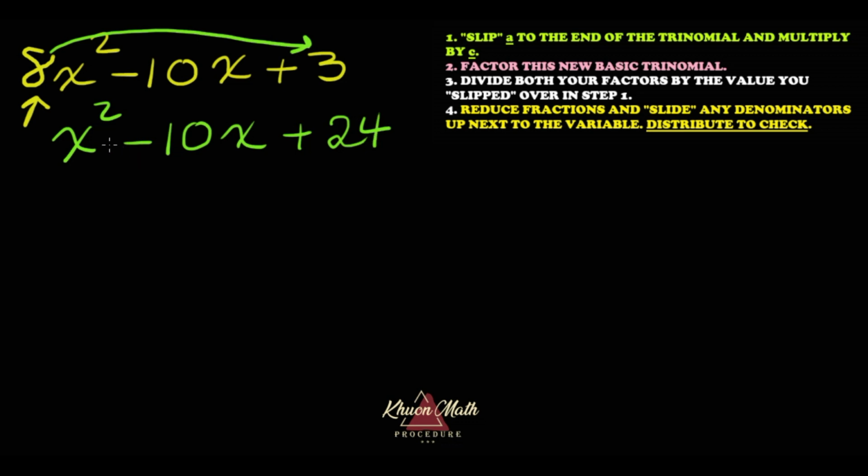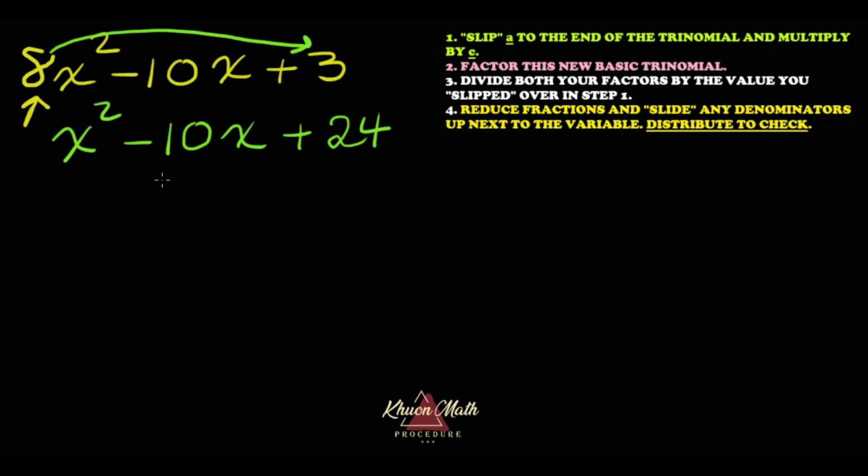So now it becomes a basic trinomial where the leading coefficient is 1. So factoring x squared minus 10x plus 24 is a lot easier than factoring the 8x squared minus 10x plus 3. Step 2 is to factor this new basic trinomial.